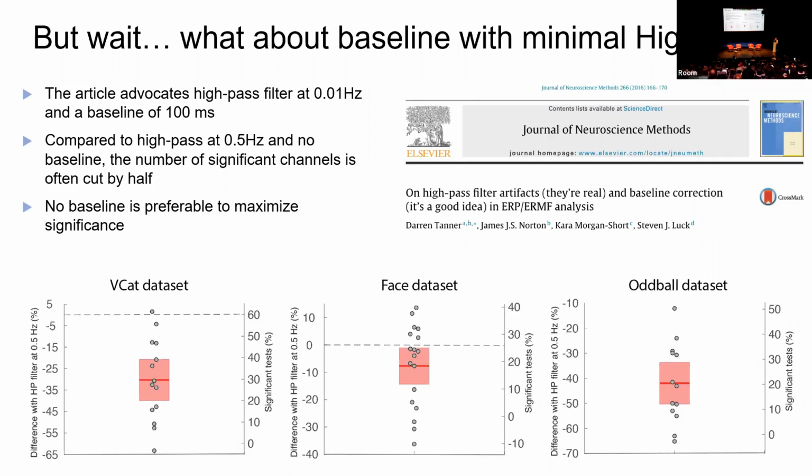And he actually found that using the high-pass filter without baseline is much better than using this minimal high-pass and the short baseline. So yeah, this minimal high-pass filter and the short baseline is reducing the number of significant channels a lot. So this would always be kind of like the gray line that it was compared to.